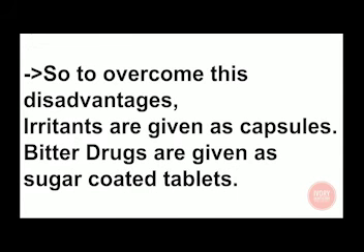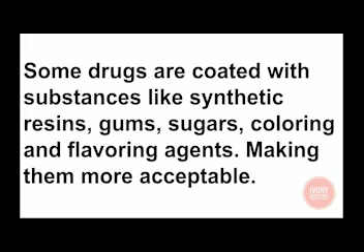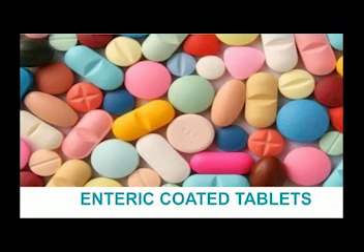So to overcome all these disadvantages, the irritants are given as capsules. The bitter drugs are given as sugar-coated tablets. Some drugs are coated with substances like synthetic resins, gums, sugars, coloring and flavoring agents, making these tablets more acceptable by patients. So the enteric coated tablets look like this.